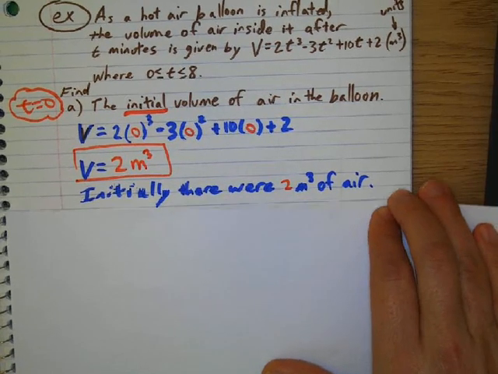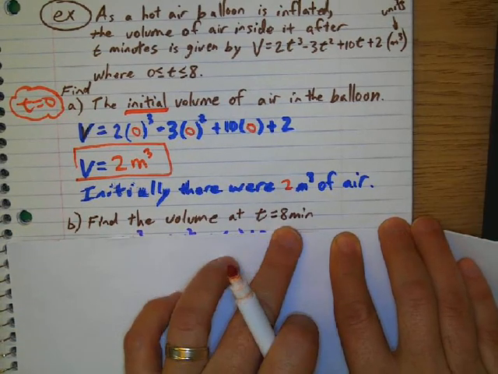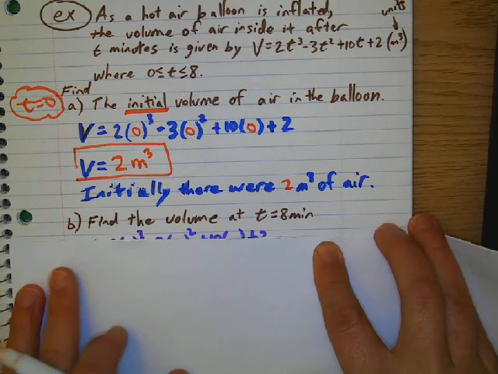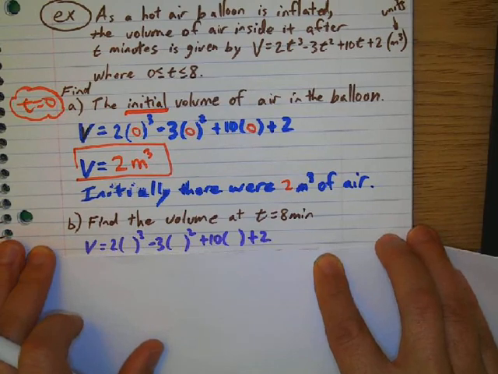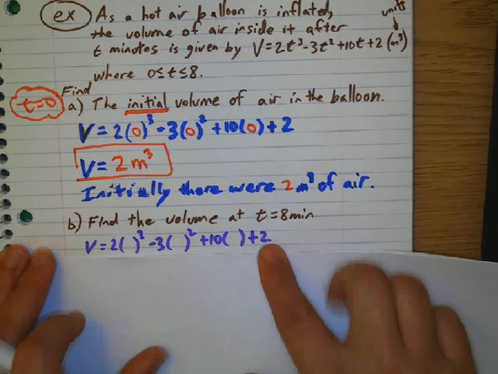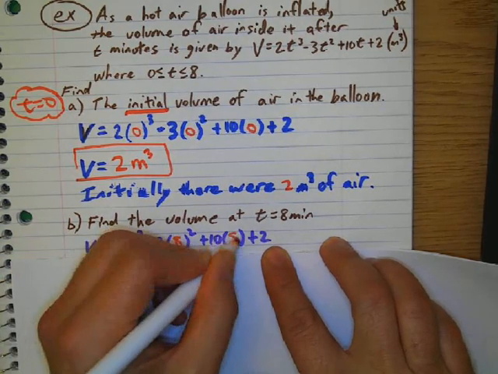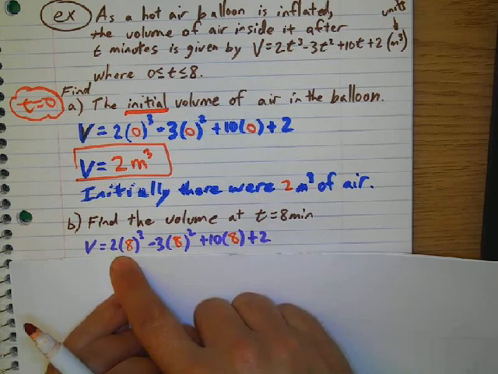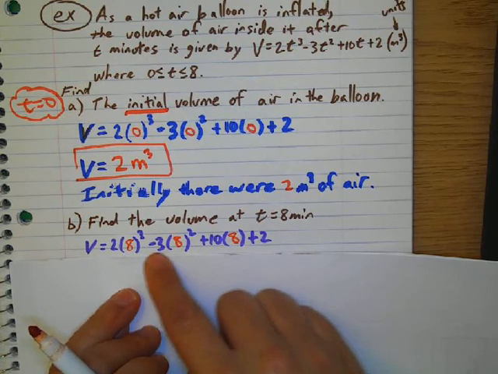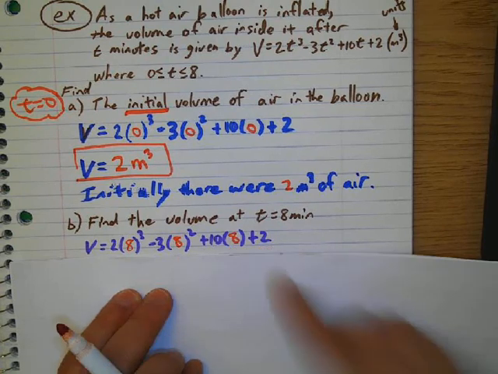All right, let's do another question. Find the volume after t equals 8. So we haven't done any calculus yet. I've got this equation, and I want to find the volume when t equals 8. I'm going to plug in 8 into my equation here. So 2 times 8 cubed minus 3 times 8 squared plus 10 times 8 plus 2.